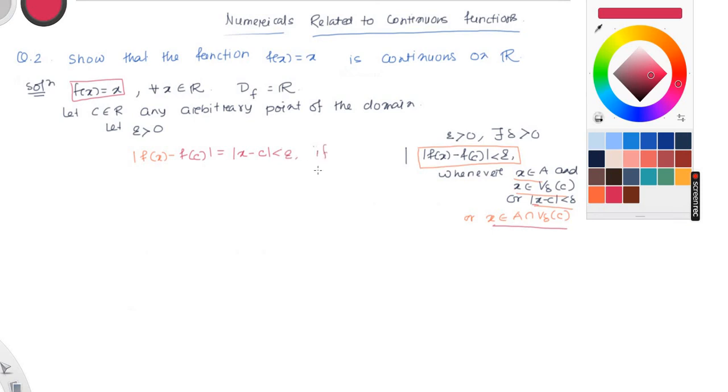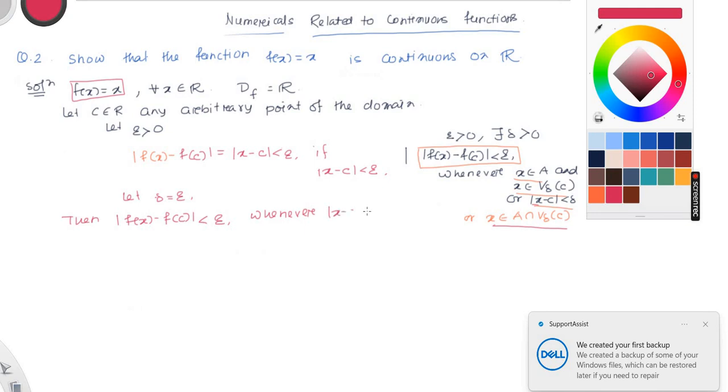which is less than epsilon if mod of x minus c is less than epsilon. So now let delta equal to epsilon. Then we can write mod of f of x minus f of c less than epsilon whenever mod of x minus c less than delta.